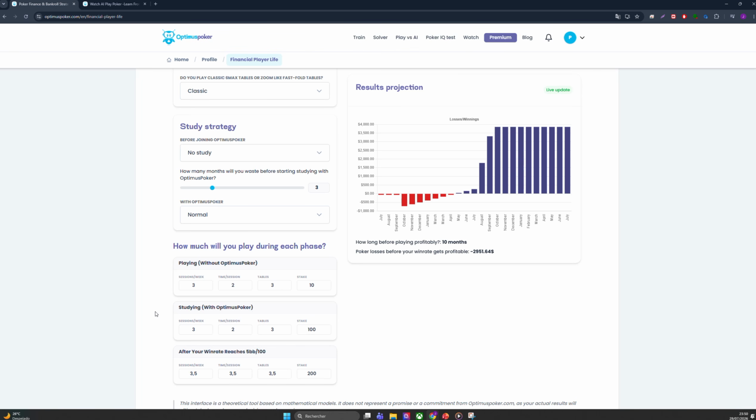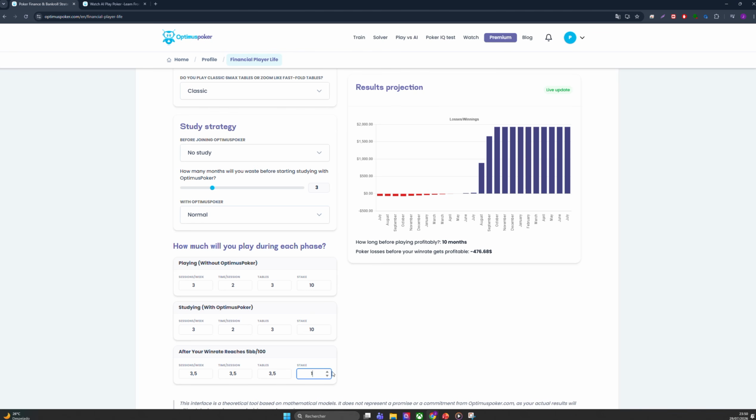And let's say during his study period, he plays the same volume as he did during the period when he didn't study. And here we're going to change that, otherwise it's going to be hard to read this graph properly.